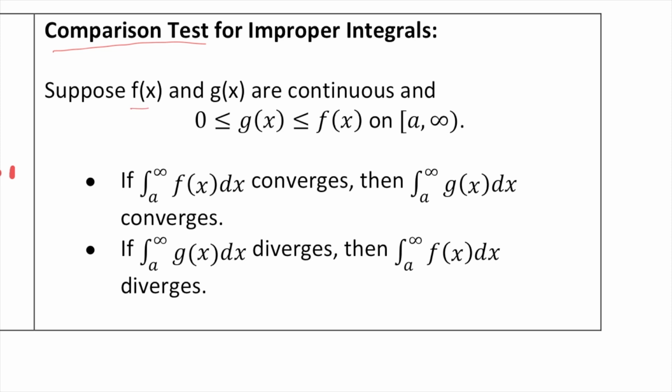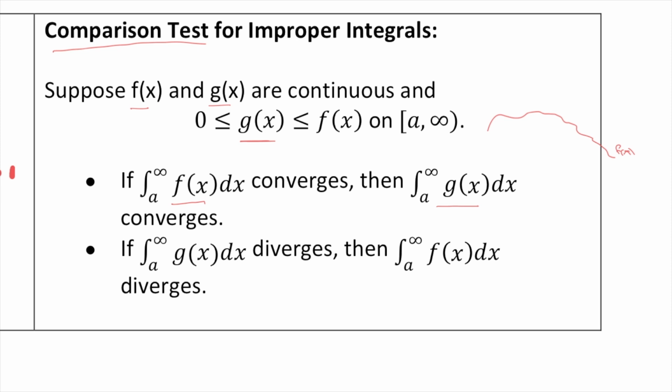So suppose we have f of x and g of x that are continuous, and we know that g of x is always smaller than f of x on [a, b]. Then if f of x converges, that's going to force g of x to converge as well. Think about that for a minute. F of x is going to a certain value when we look at our area function.